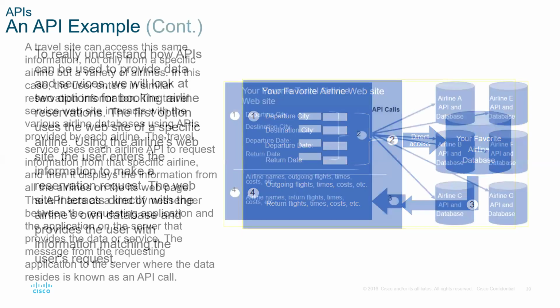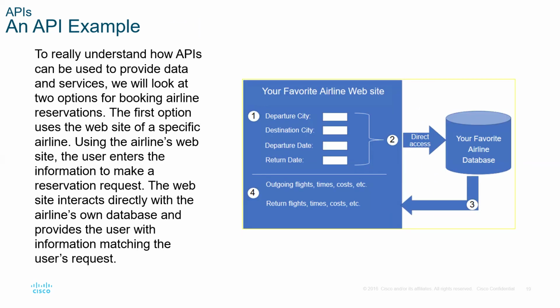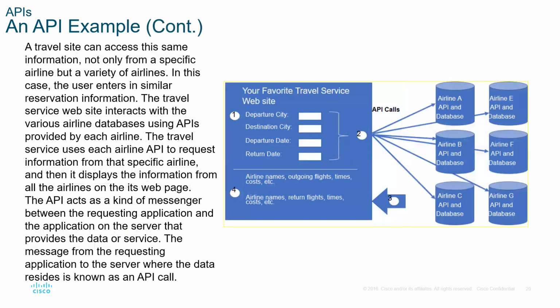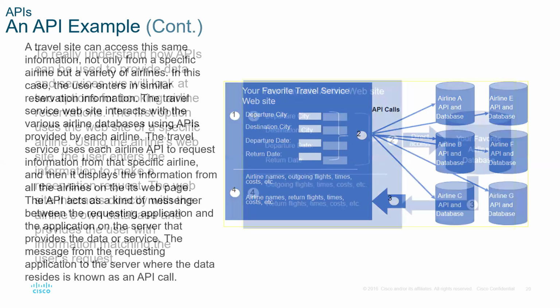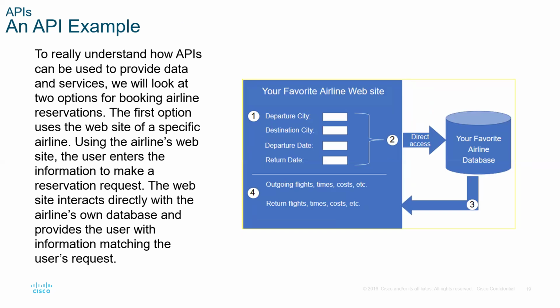Let me see. So here we don't have an API, and here this is an example with an API. And the difference is if I'm accessing my information directly from the website database, in this example, I'm making a reservation. The information I get is for that specific airline because I'm interacting with only its database, one specific airline.